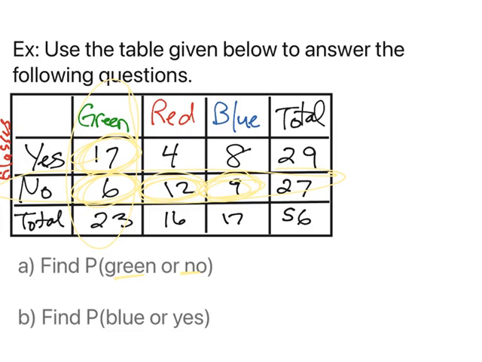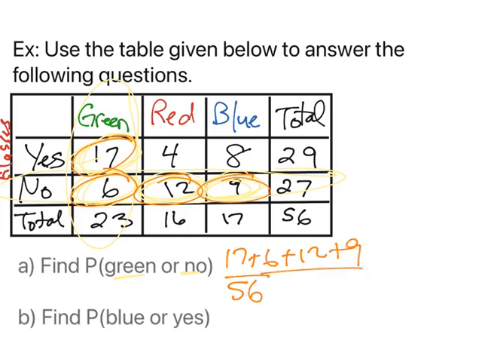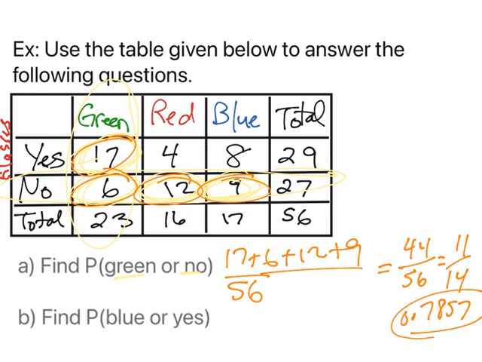So, if you think about it, we've got 56 total, and I've got 17 plus 6 plus 12 plus 9. That represents greens or no's. So I can add those all together, and I get 44 out of 56, which reduces to 11 over 14, or 0.7857.